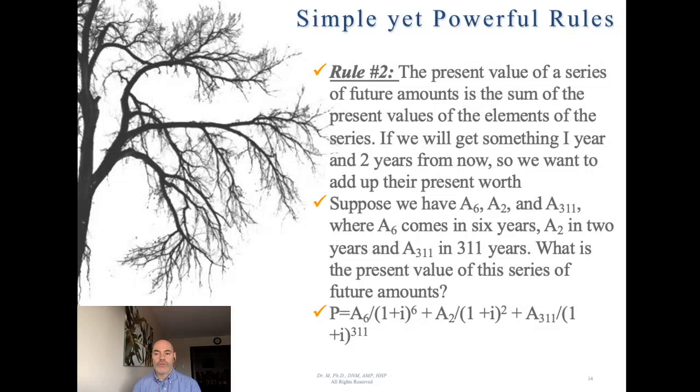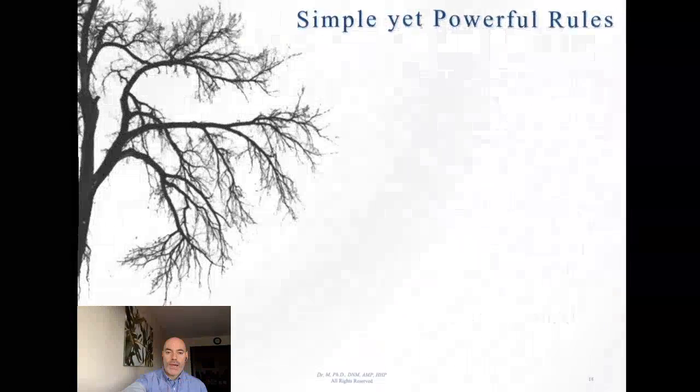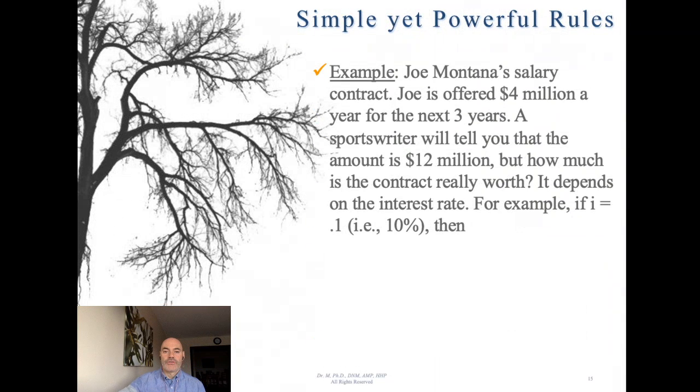And only when you discount it to present terms, you are able to add up and calculate the present worth of the series of those payments. Let's do an example. An example will help you to think through these rules.